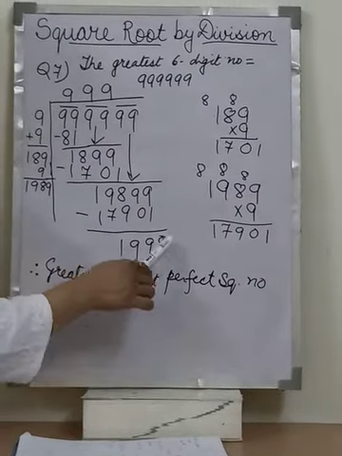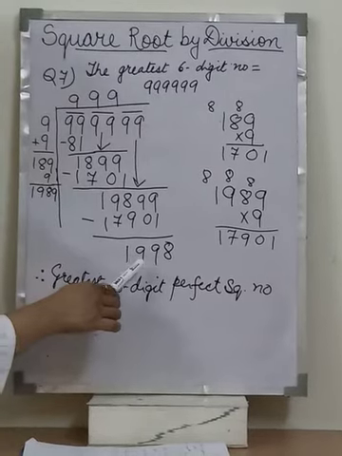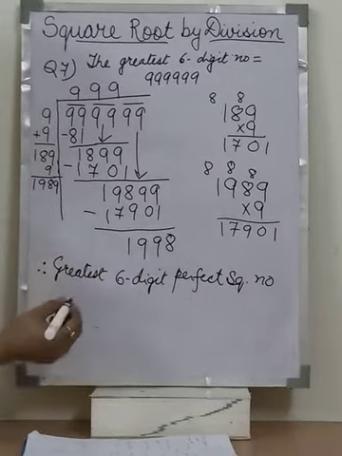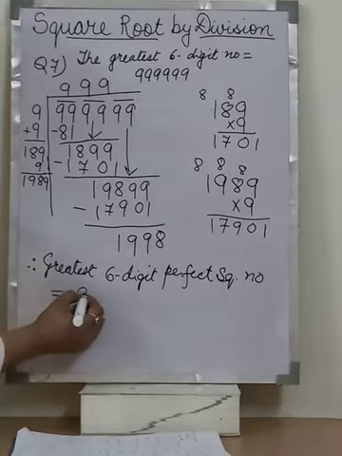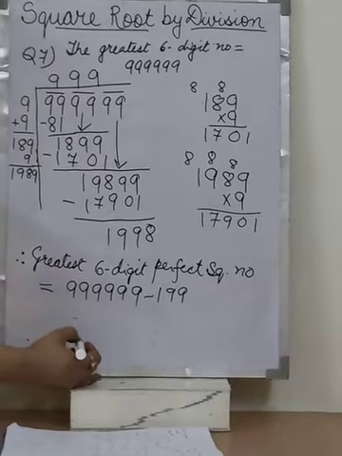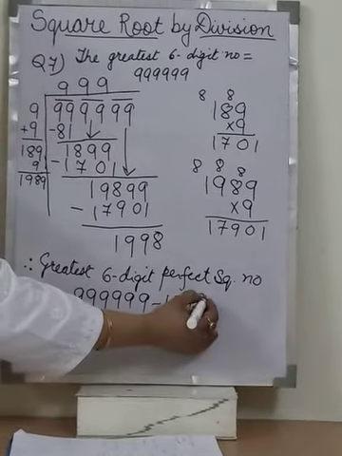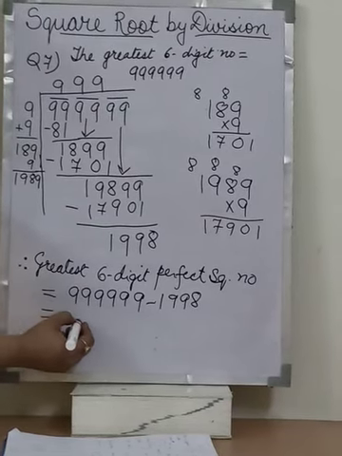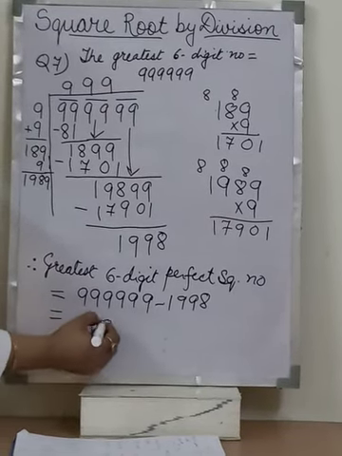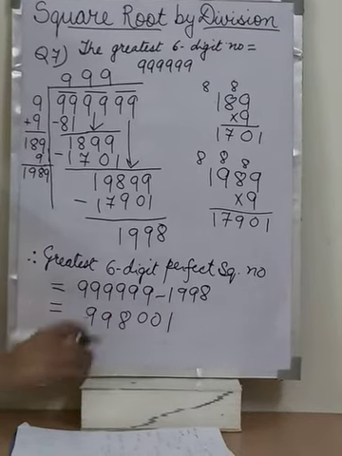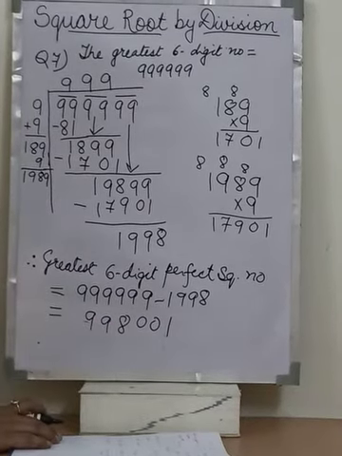So whatever we have, this 1198 is extra. If we remove this, it will become a perfect square. So we write 999999. We are going to subtract 1198 to get the greatest 6-digit perfect square number. So if you subtract it, what will you get? 998001. So this is our required answer.